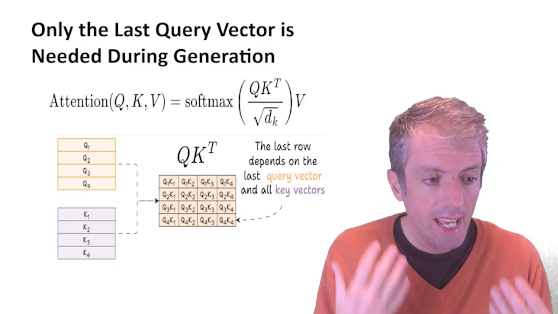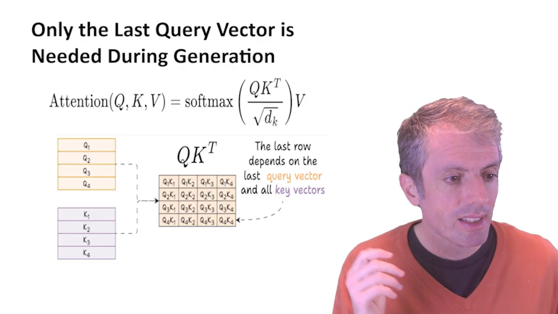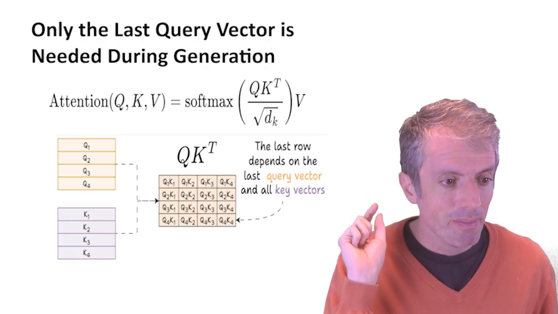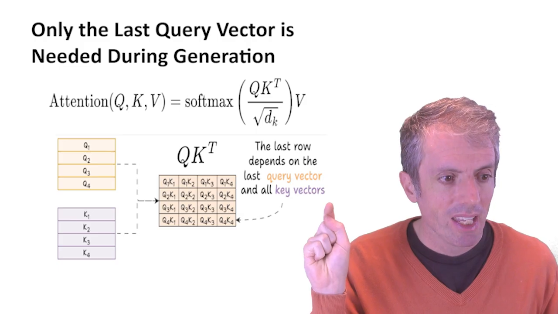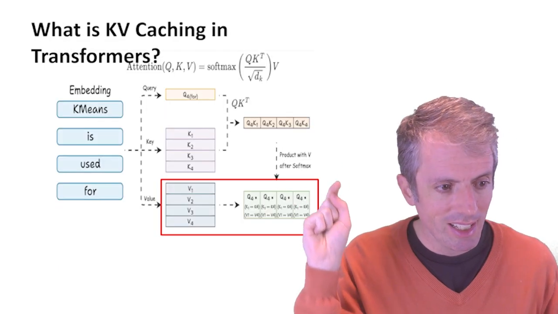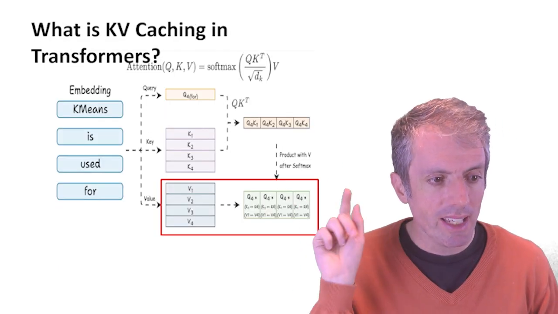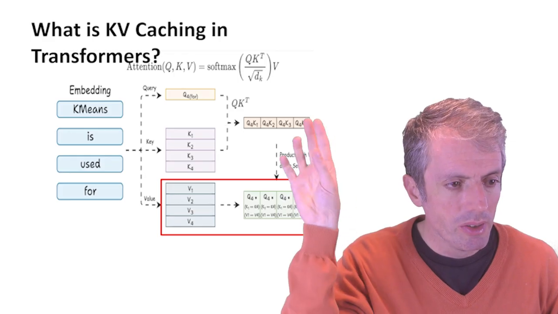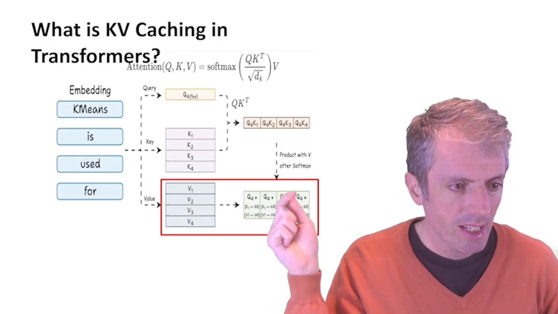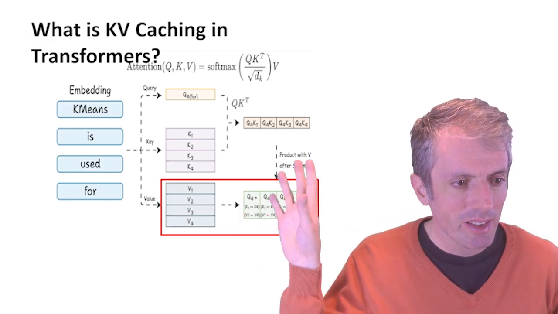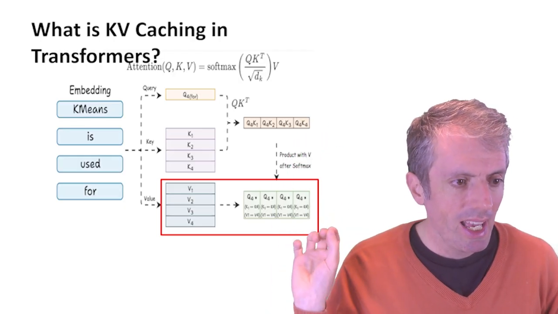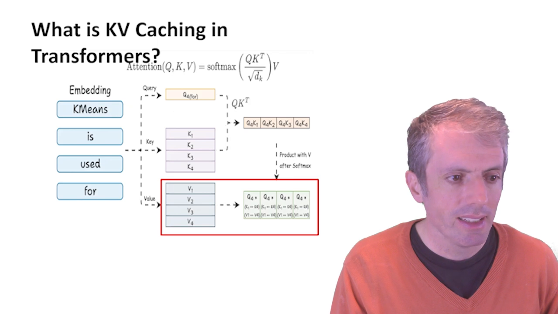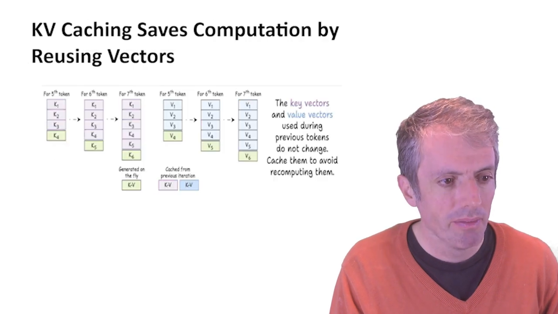We could just cache the K matrix for all of our previous tokens across all of the layers. Once we get that, we can take our new query Q that comes in, multiply it, do the softmax, and then take the output and use that to get a new representation from V.